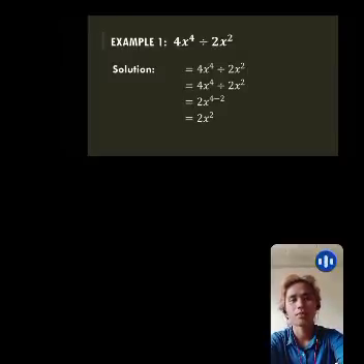Now, for the first example, again, we have 4x raised to the power of 4 divided by 2x squared. So now, 4 divided by 2, that would be 2. As said earlier, you need to subtract the exponents.